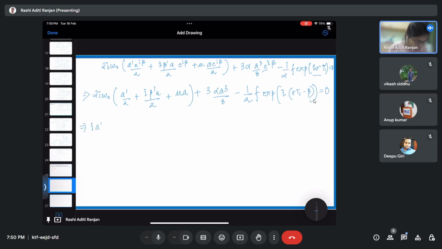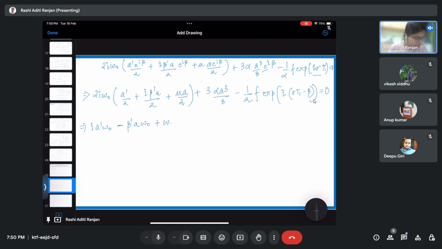I a dash omega naught. I square is minus 1, minus beta dash a omega naught plus 2, 2 should be here, no?